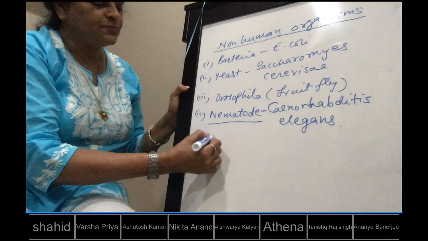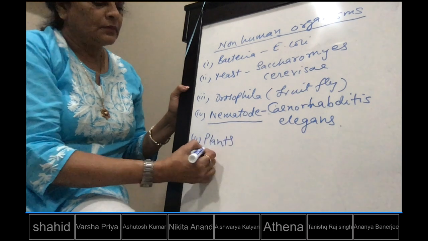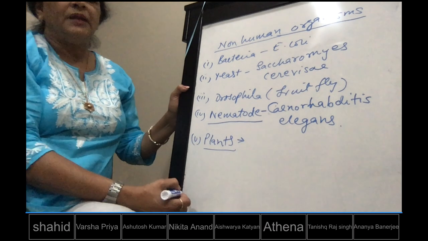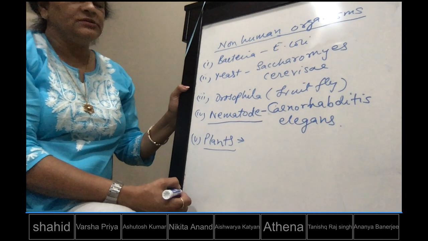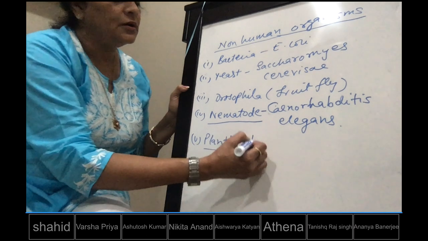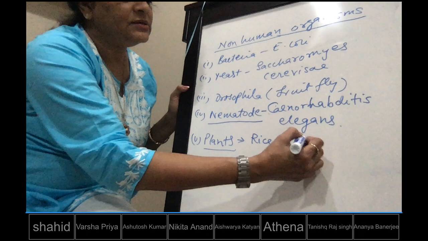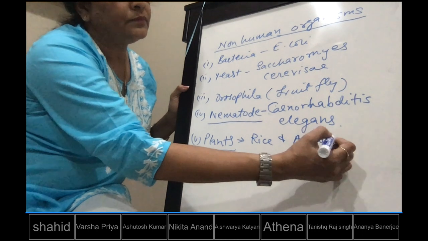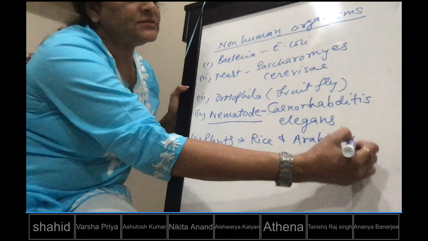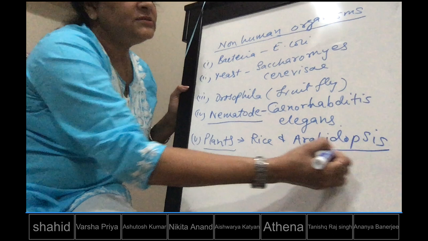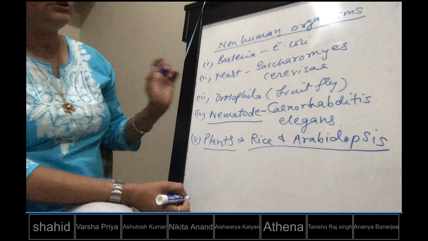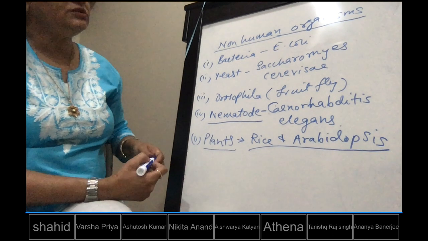And fifth is plants. So if the question is asked on plants, which were the plants whose genome was studied? One is rice and the other one is Arabidopsis. Rice and Arabidopsis. These were the two plants whose genome was studied.